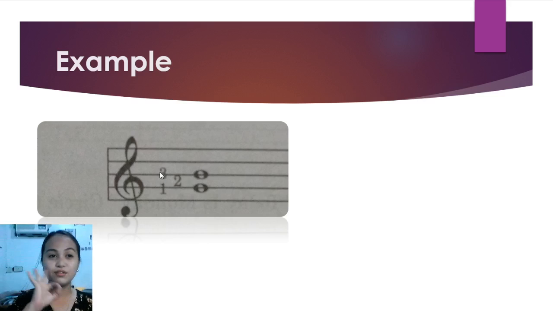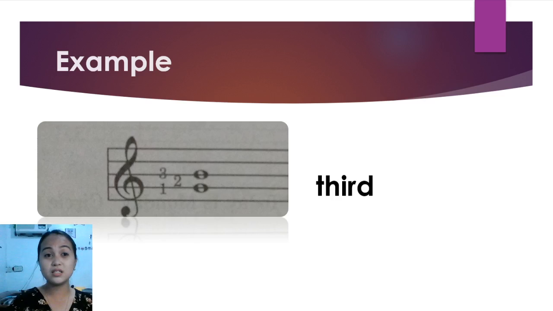Okay, we have 3, right? And the interval is a third. Very good. Again, how will we count the interval of the note? We will start from the lower note going to the next note.